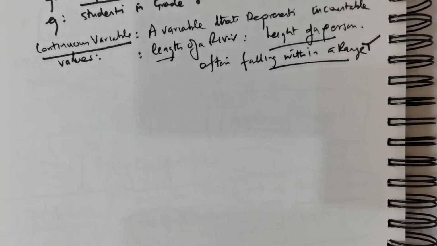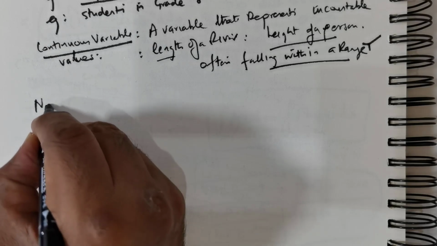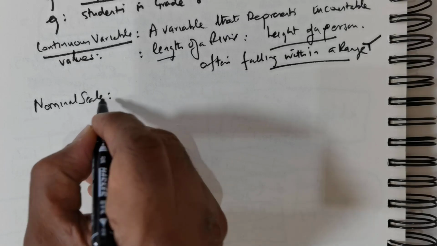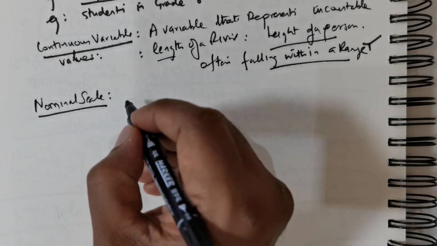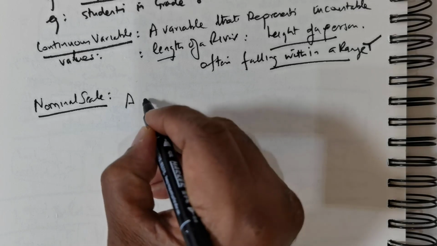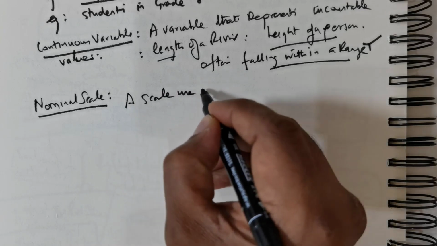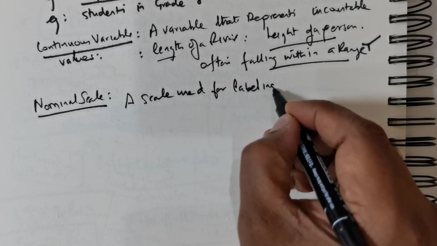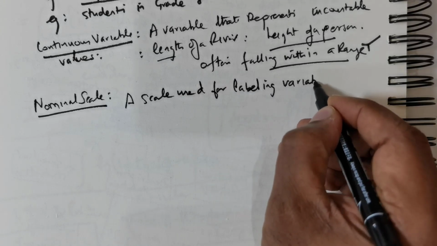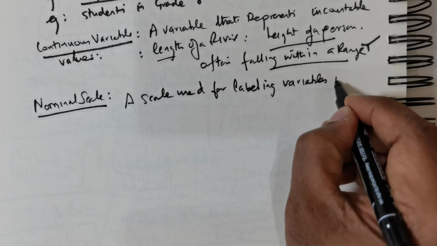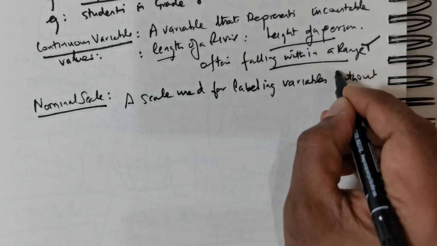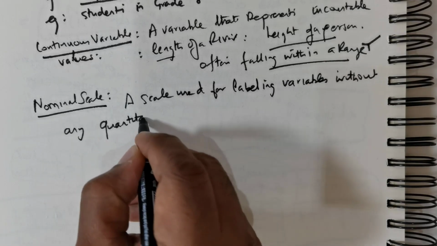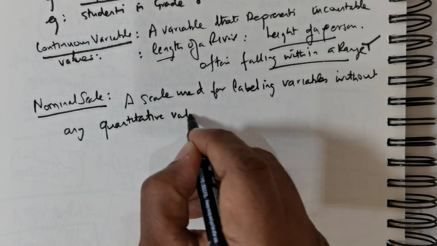Now let us move on. Next is what is called the nominal scale. You have to know this term. It's a very important term. This is nothing but a scale used for labeling variables without any quantitative value.